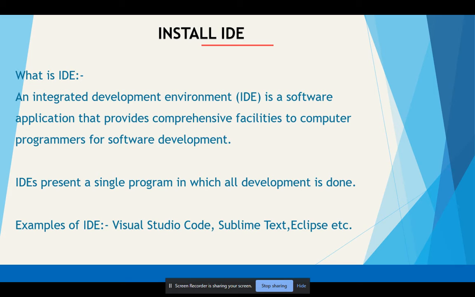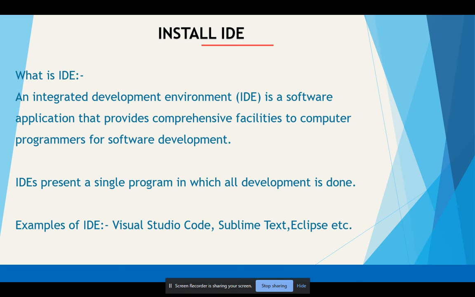Okay. So an IDE presents a single program in which all development is done. Here you can see that in Notepad, you just use a .html or .txt file. But in an IDE, it is a functionality that if you want to code in a Python file, you can make a Python file in that IDE.